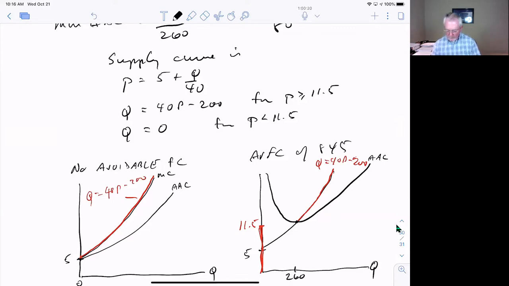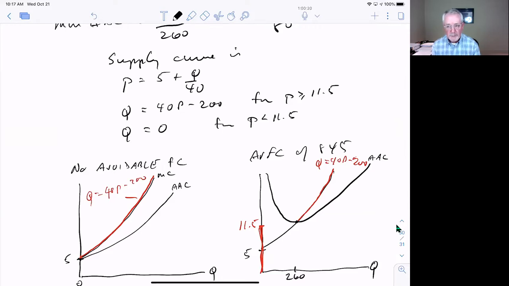So Dan's supply curve will become positive at a price of 11.5 and a quantity of 260. And Dan will be on that marginal cost or supply curve for any quantity of at least 260 or greater.